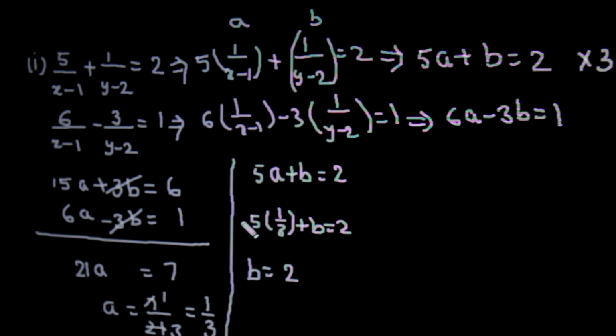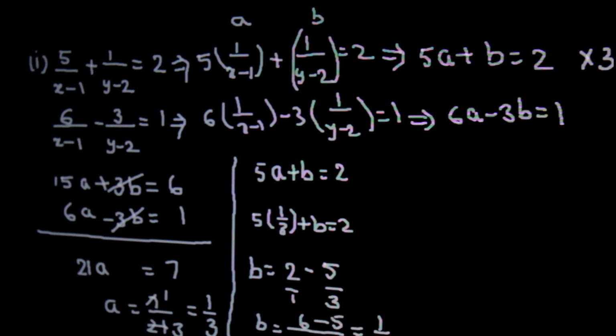Plus 5 by 3 becomes minus 5 by 3. LCM is 3. 3 twos are 6, minus 5, ones 5. That is b equal to 1 by 3.